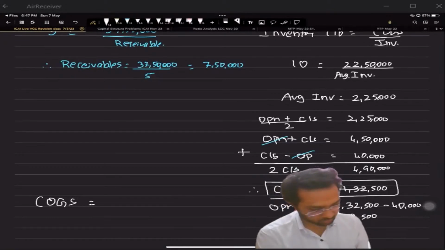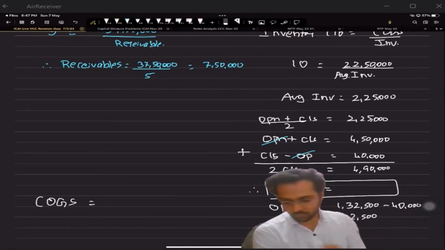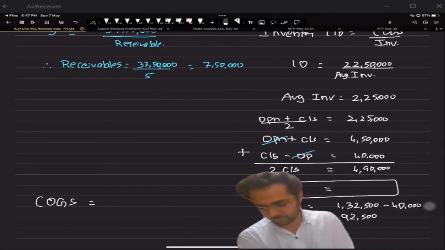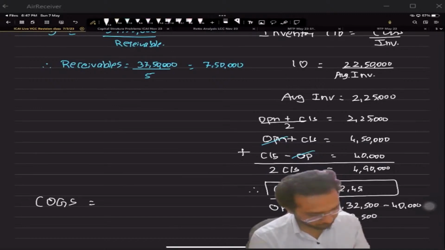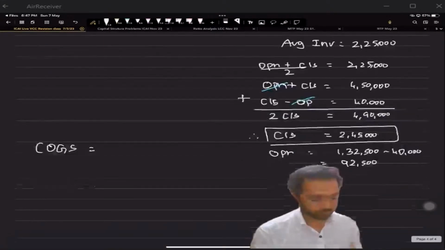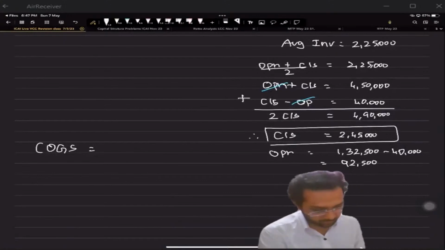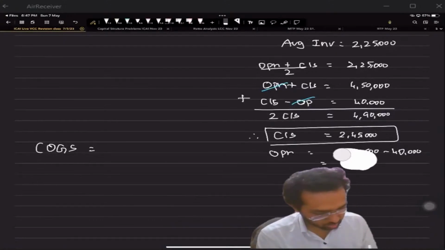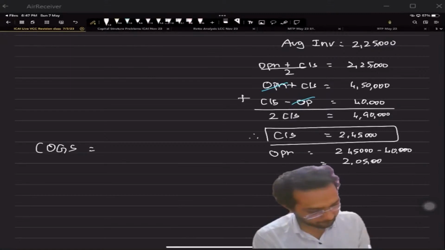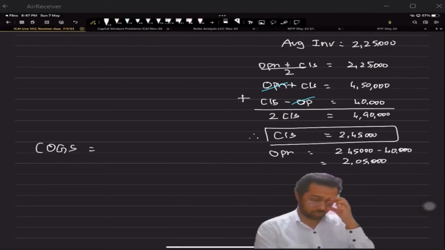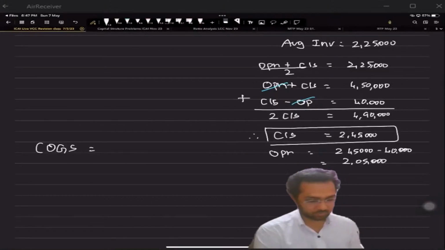And we get the closing stock figure to be 4,90,000 divided by 2, which is 2,45,000. Then we'll have the opening stock to be 2,45,000 minus 40,000, which is 2,05,000. So closing stock 2,45,000, opening is 2,05,000.